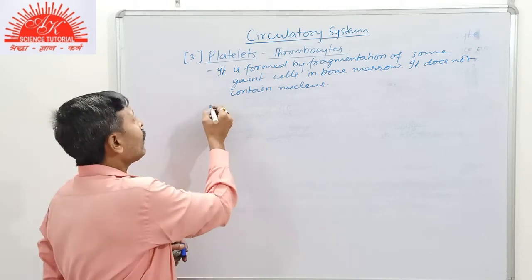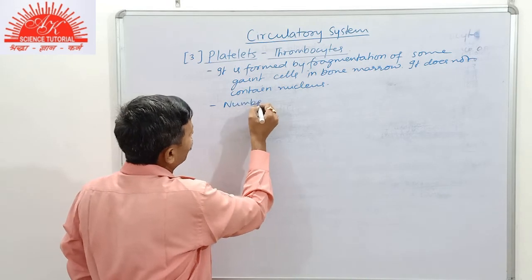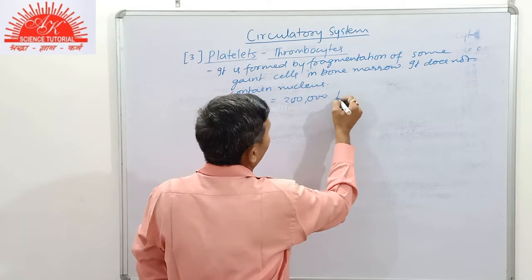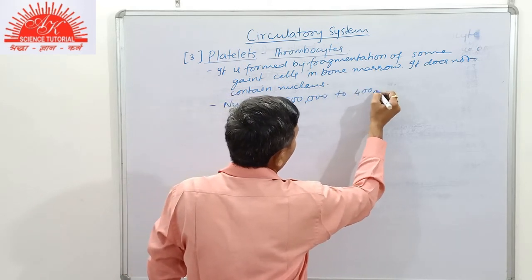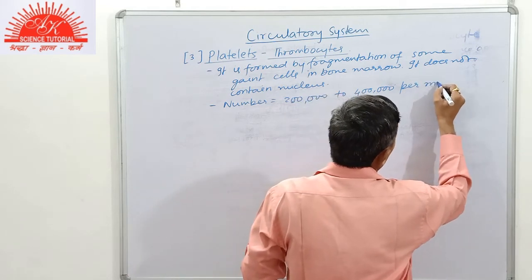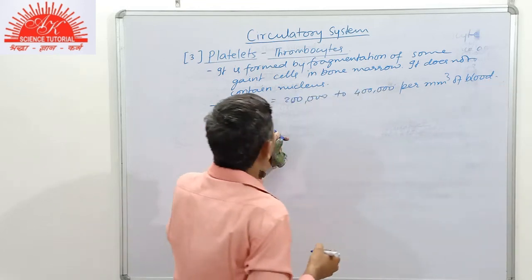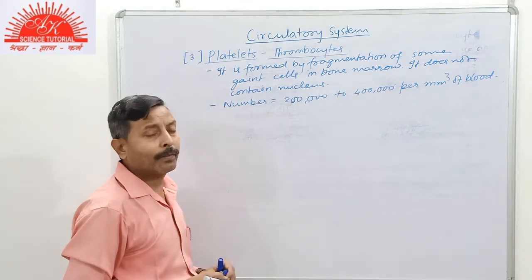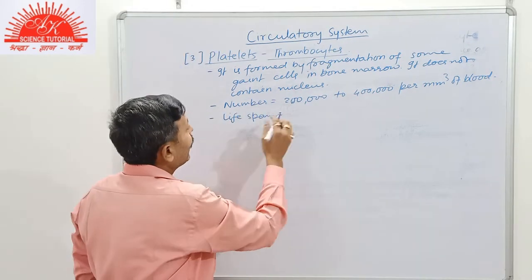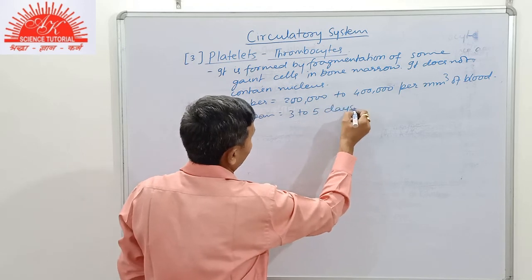Now, platelets have their number 2 lakhs to 4 lakhs per cubic mm of blood. Now, the lifespan is 3 to 5 days.